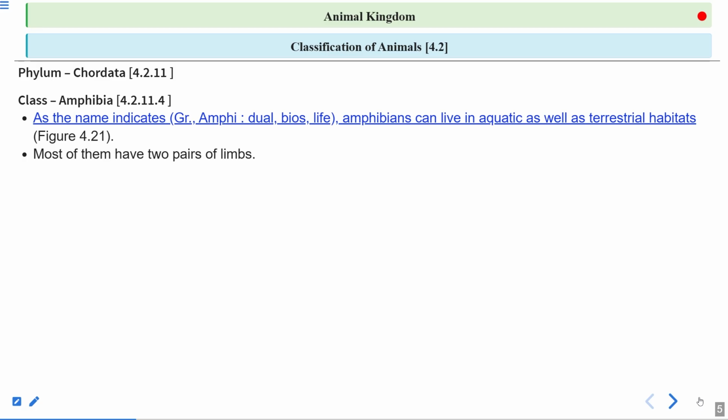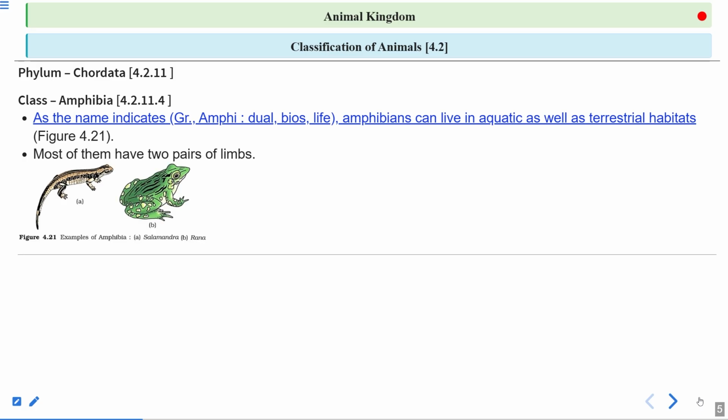And the hind limbs are the legs. Like in the human body, we have forelimbs in the form of hands and hind limbs in the form of legs, right? Similarly, these amphibians also have forelimbs. Actually, it is two pairs of limbs, and if you count them, you can say they have four limbs.